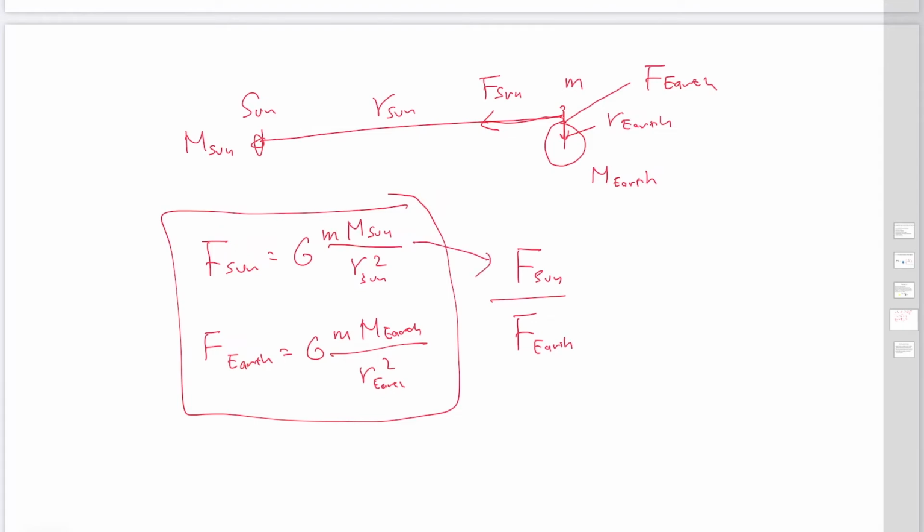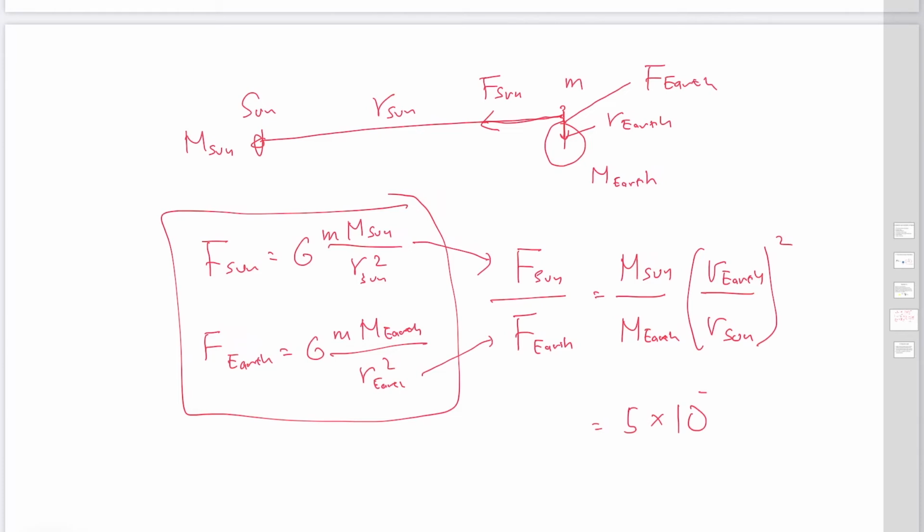Then you can substitute this. Then it becomes m sub sun over m sub earth times r sub earth over r sub sun squared. Then you can just substitute all the numbers. It becomes 5 times 10 to the minus 4.